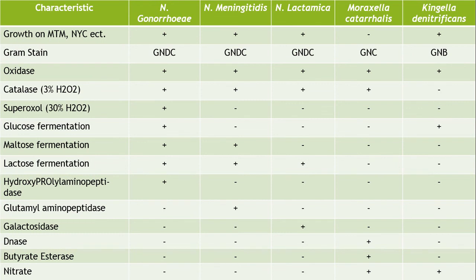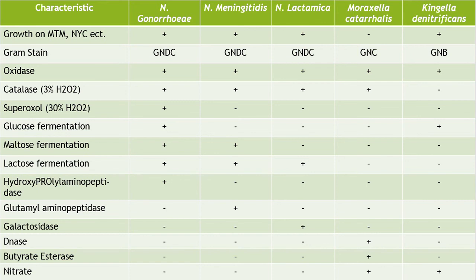Neisseria lactamica is usual flora, and it can grow on there. Saprophytic Neisseria, which is just normal flora Neisseria, do occasionally grow on our selective media. That's why we have to do our confirmatory tests. Moraxella will not grow on it.